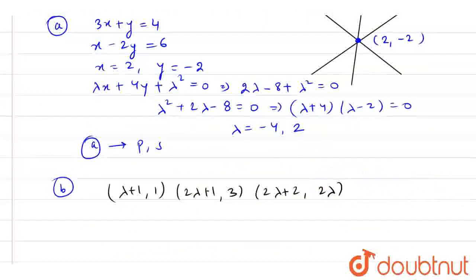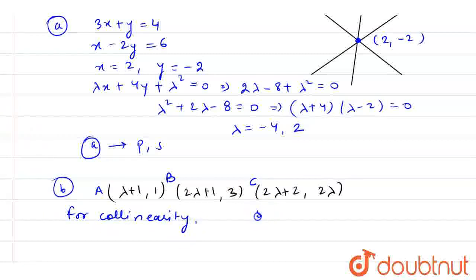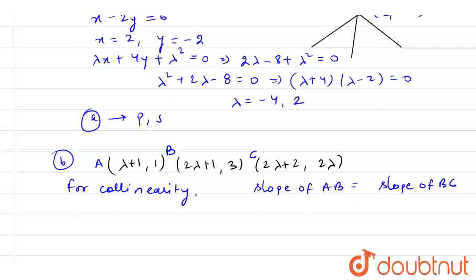Now these are collinear. Now what is the condition of collinearity? Let these be point A, point B and point C. Now for collinearity, we know that their slopes must be the same, that is slope of AB equals slope of AC, or you can say slope of BC.